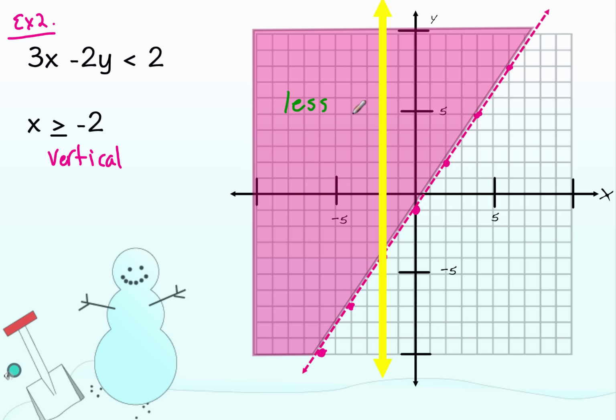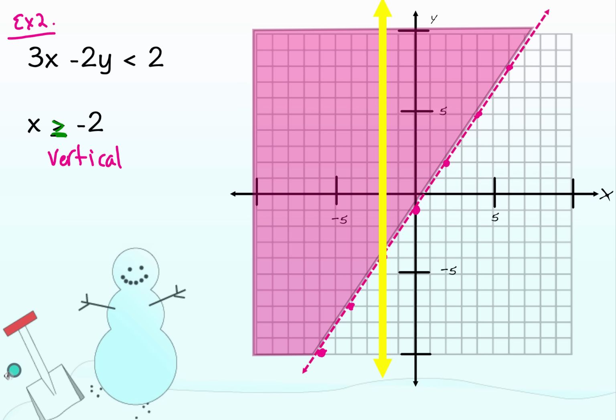Everything over here is less. Everything over here is more. And everything on the line is equal to. And this says I want equal to and greater than. All right, so I guess I'm shading. Equal means make it solid, and greater than means I'm going to go over there.